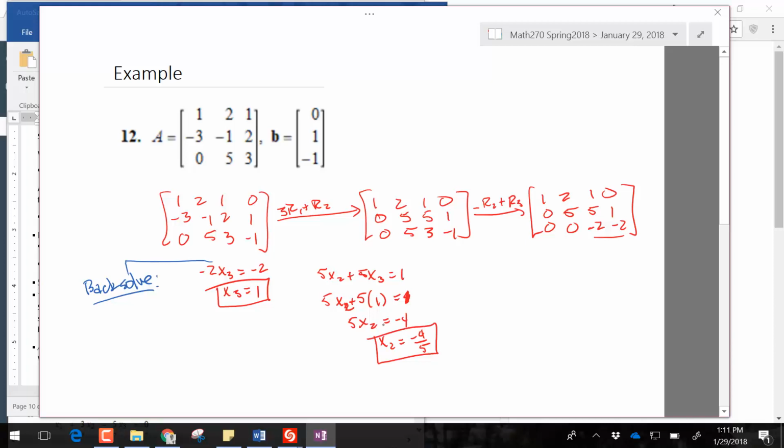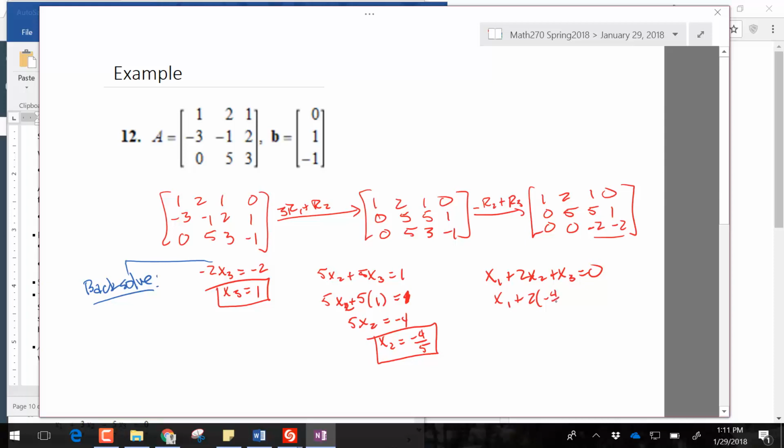Yeah. And then the last one, we have x1 plus 2x2 plus x3 is equal to 0. So let's put in those values.